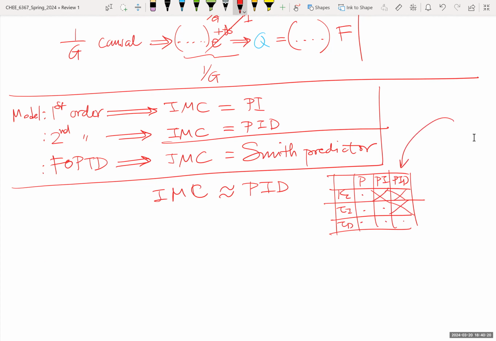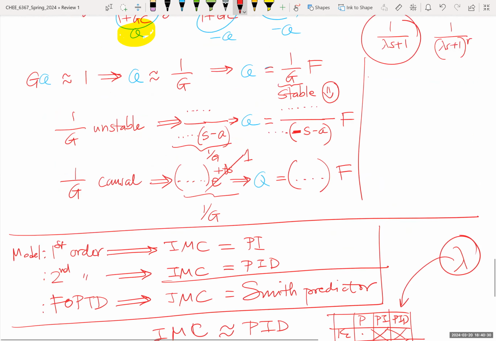The nice thing about that is you have only one tuning parameter, lambda. Lambda is what appears here in this filter. It's the time constant of the closed loop.